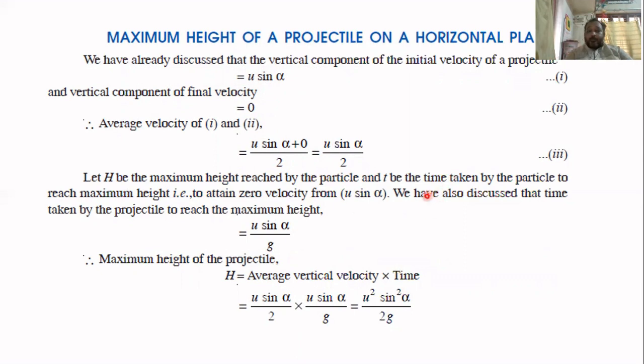The time taken to reach the maximum height is half of the time of flight, that is, u sin alpha by g. The maximum height h reached by the particle is the average vertical velocity into time, and this will become u square sin square alpha by 2g.